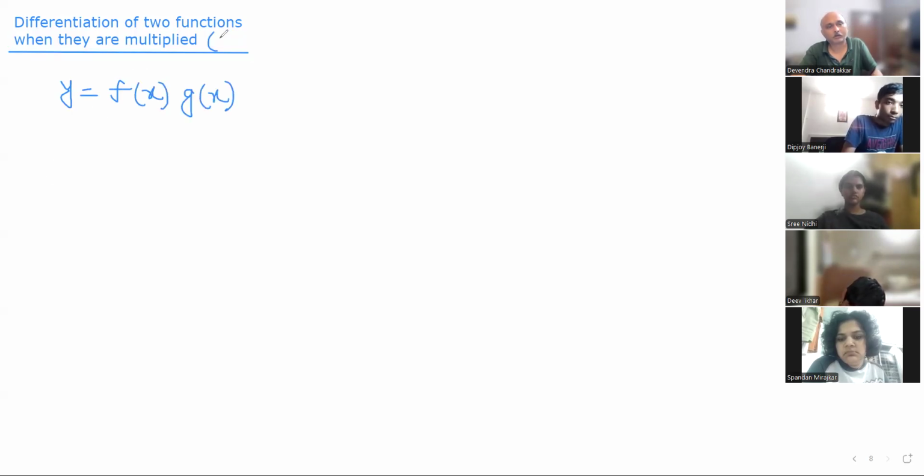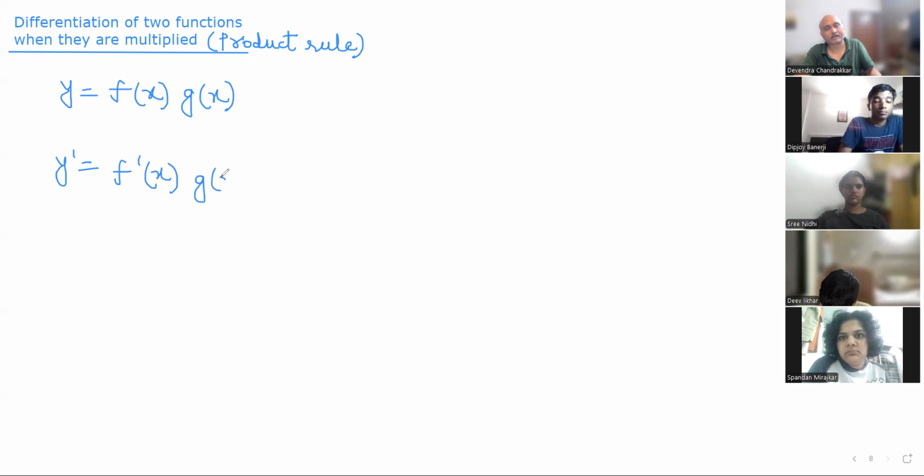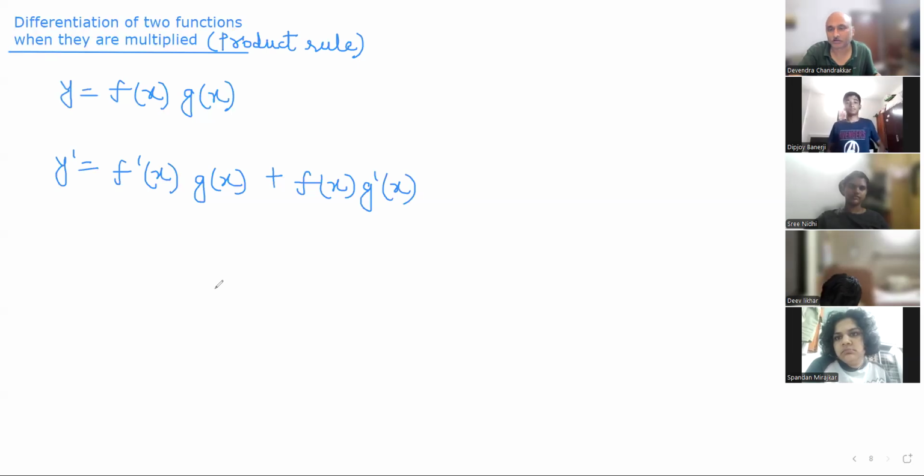This is also called as product rule of differentiation. So y dash is first you differentiate the first function, keep the second function as it is, plus now you keep the first function as it is, differentiate the second function. Got it? Simple, right?